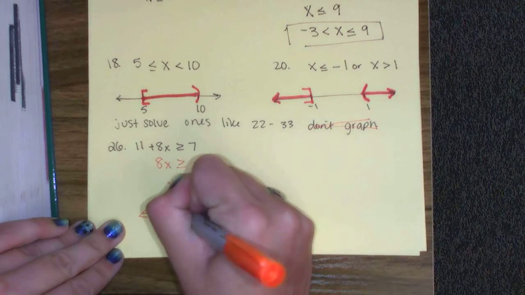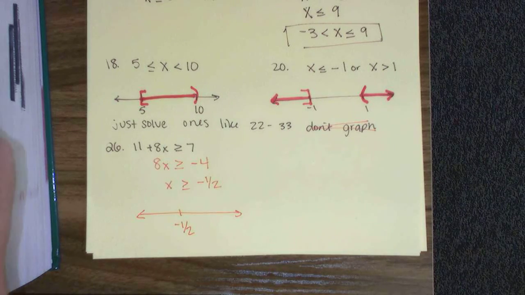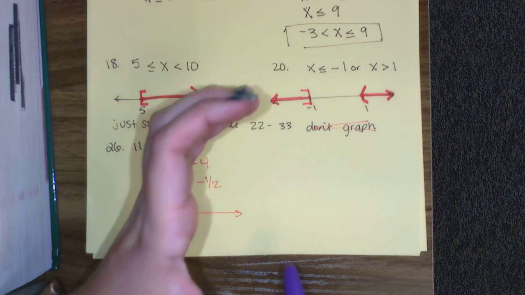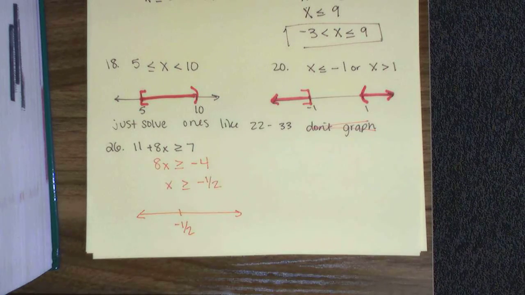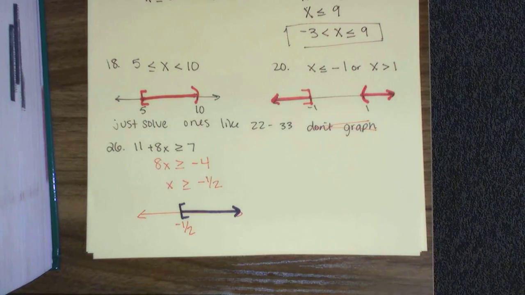Alright, so I have x is greater than or equal to negative 1/2. So what direction am I going? X is greater than negative 1/2, so x is getting bigger, so it's going this direction. You can if you want to. It's purely up to you.